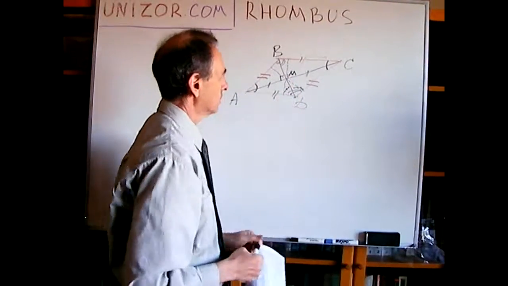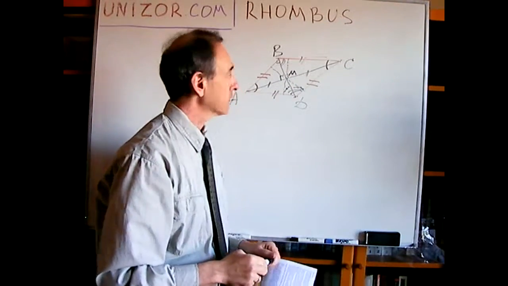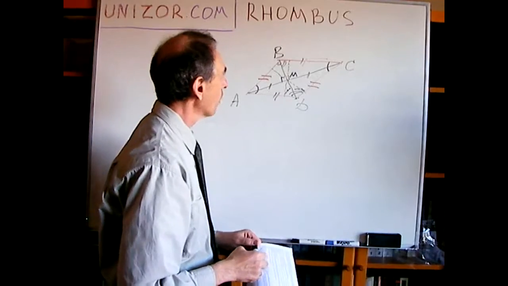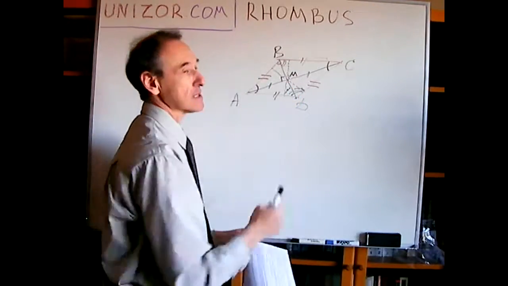any diagonal of a rhombus is also an angle bisector.